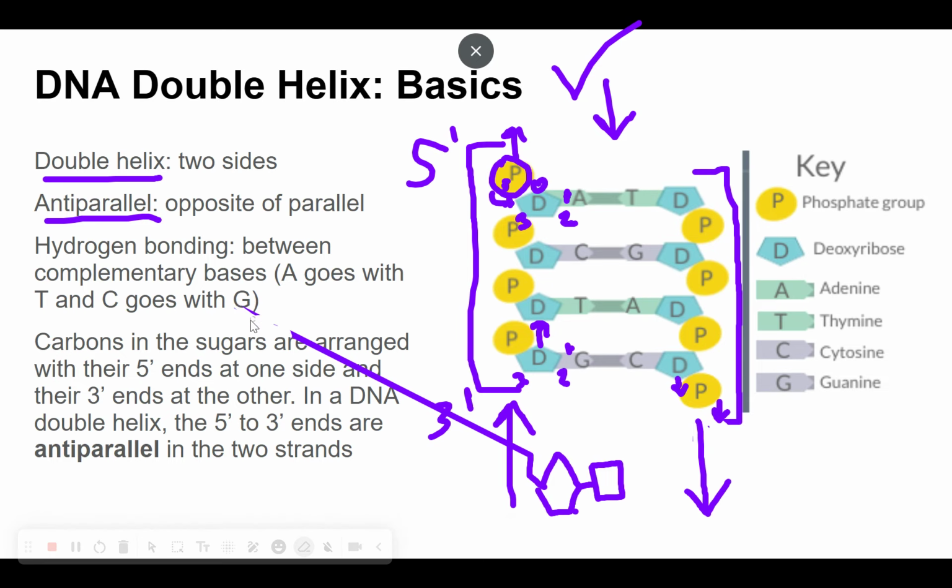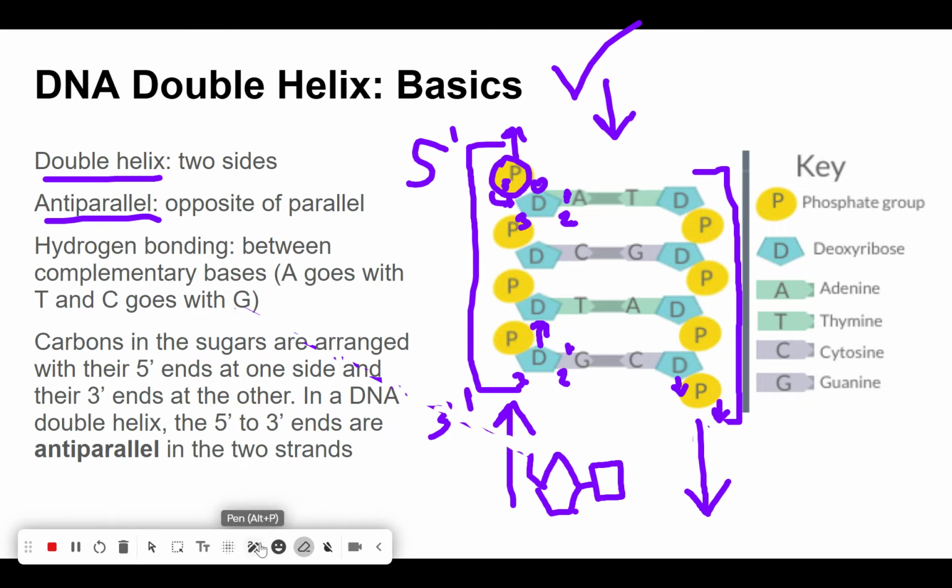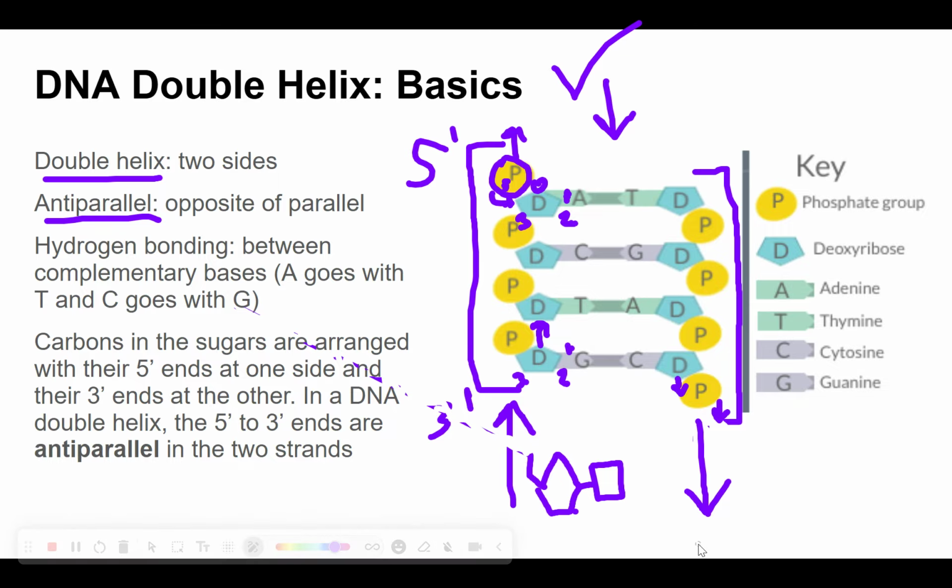I'll just erase this weird rogue line and put the phosphate group here. And then on the other side, you want to make sure that the sugar is pointed down.